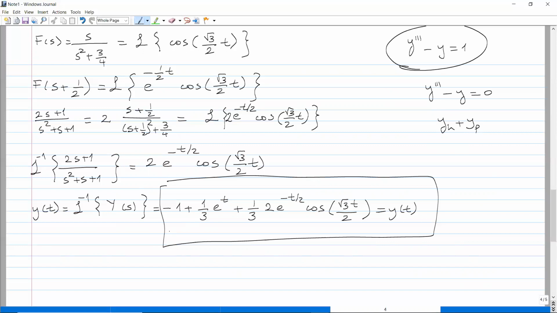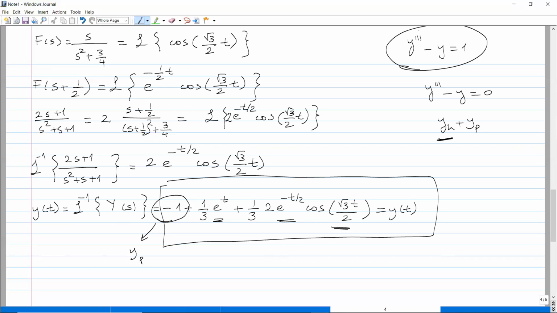In the solution we obtained, this constant -1 is our particular solution. If you take your function to be the constant -1, the third derivative is 0, and minus the function is 1. And then the functions e to the t and e to the minus t over 2 cosine come from the solutions of the homogeneous part.